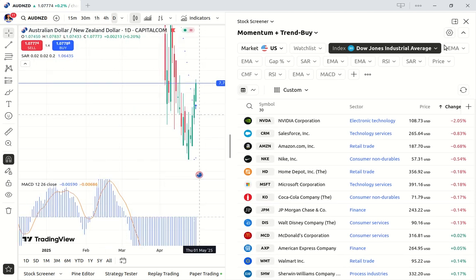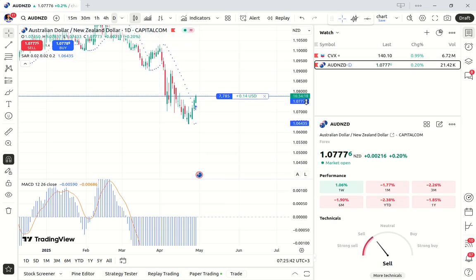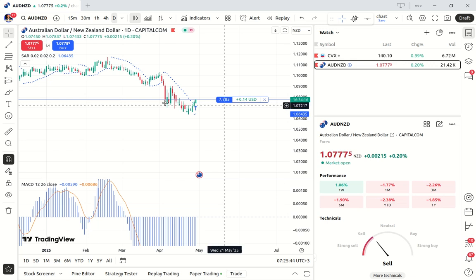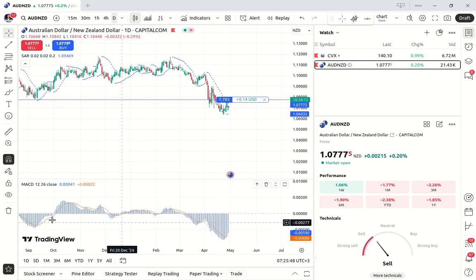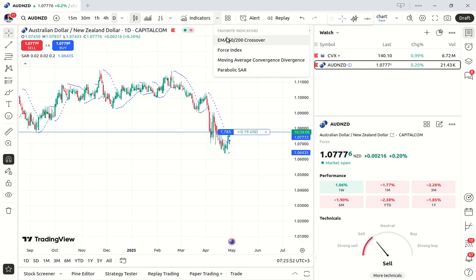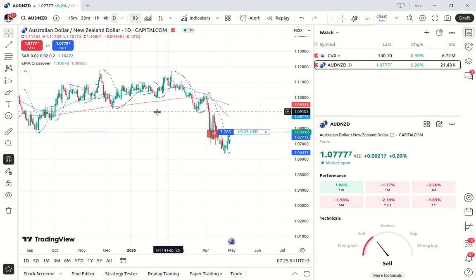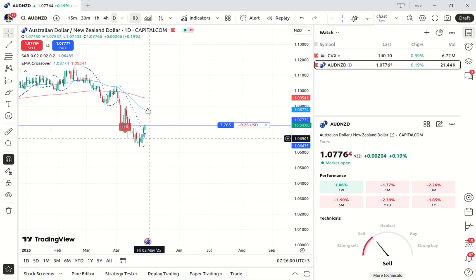Do not forget how it looks right here. Okay. Let's even remove this, so that you understand exactly what I'm trying to show you. I want you to look at this chart pattern here.